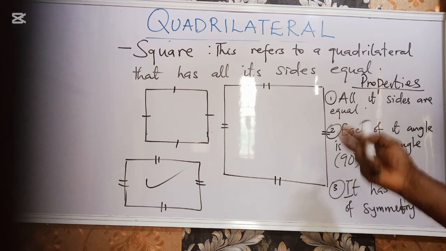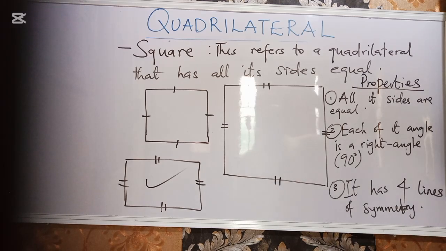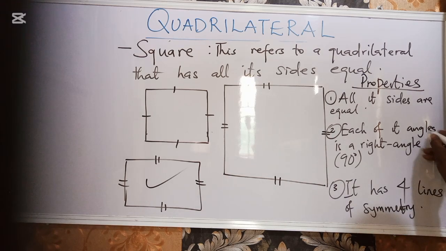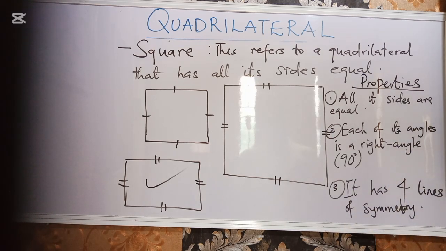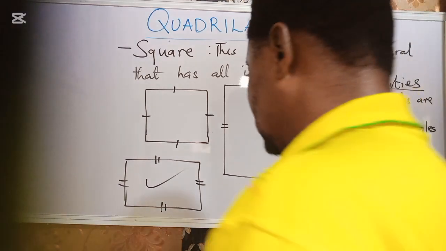Now look at it. Very simple. All its sides are equal. Each of its angles is a right angle. It has 4 lines of symmetry. Plus that one you have, it is 6 now.